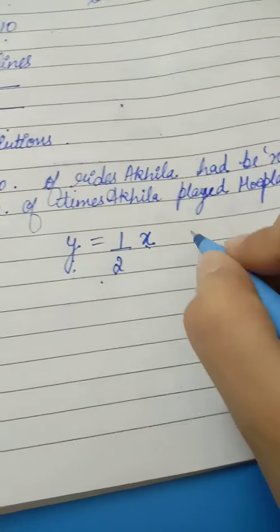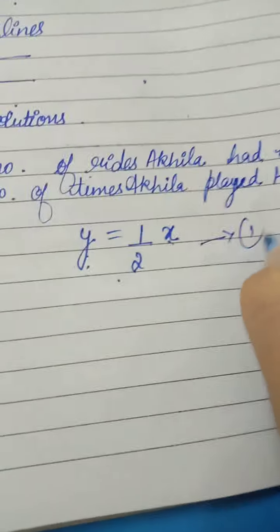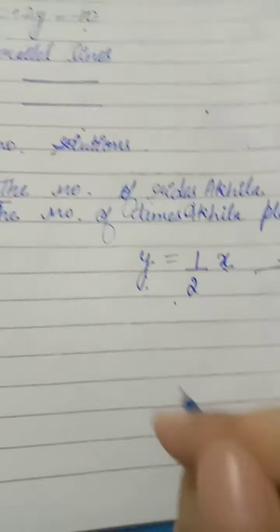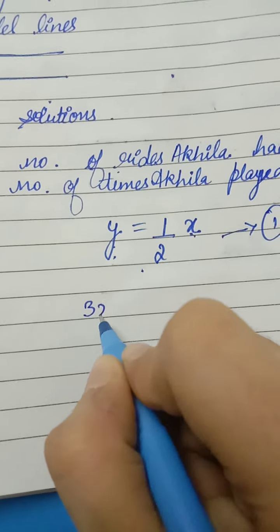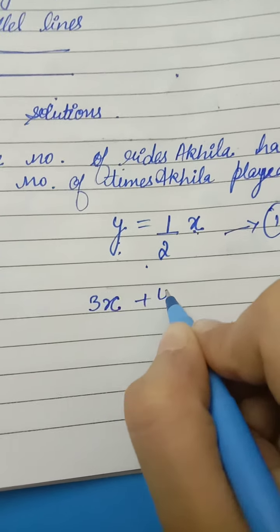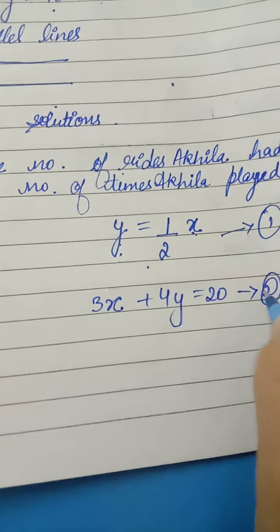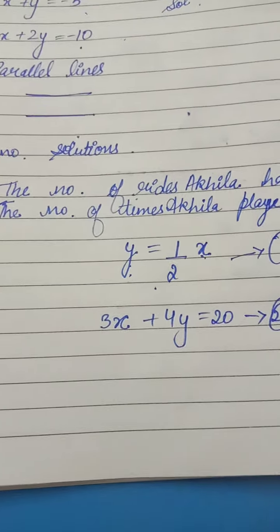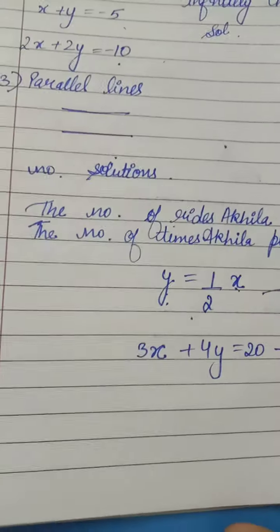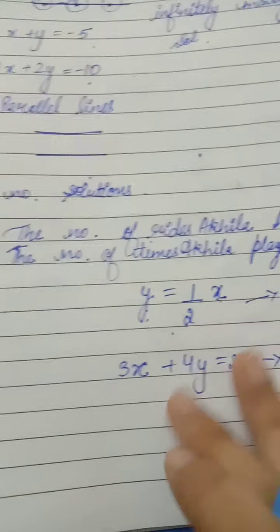This is our first equation, and we have our second equation: 3x plus 4y is equal to 20. These are the prices of the games she had. Let us first solve our first equation.